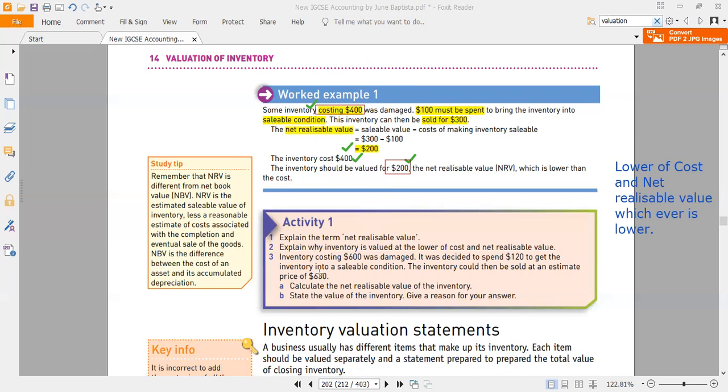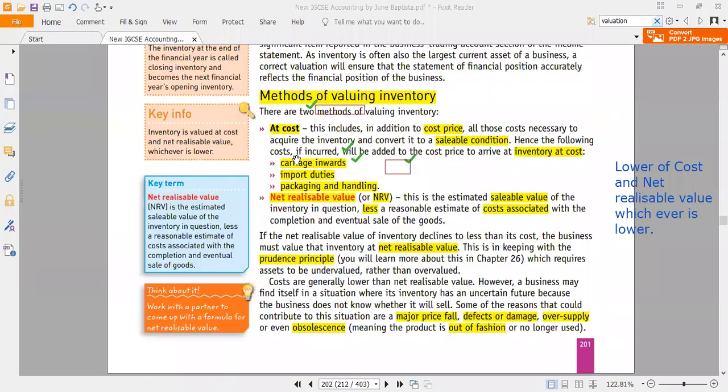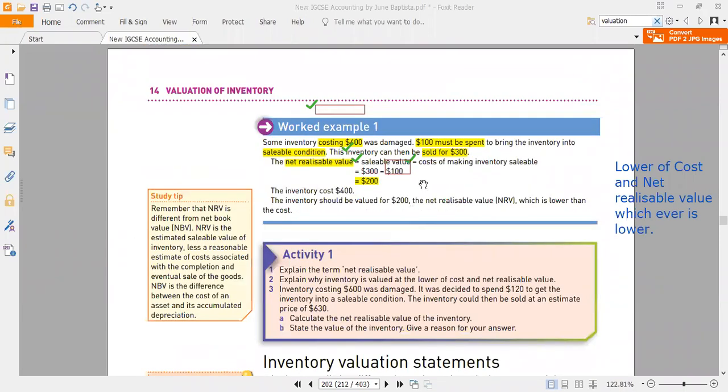No, sir, it's clear. Okay, and we can do one activity as well. Explain the term net realizable value. Net realizable value is the estimated saleable value of the inventory in question, less a reasonable estimate of costs associated with the completion and eventual sale of the goods. What is that? That is the cost of making the inventory saleable.